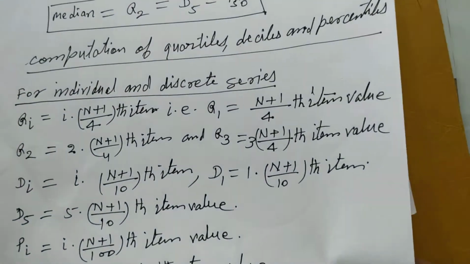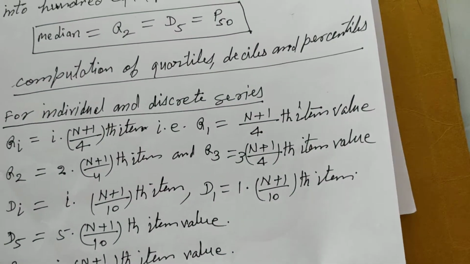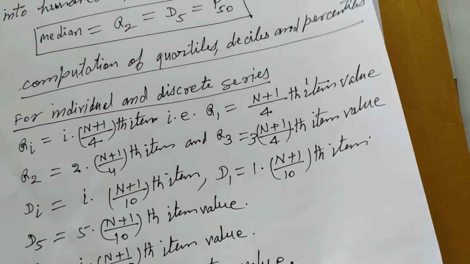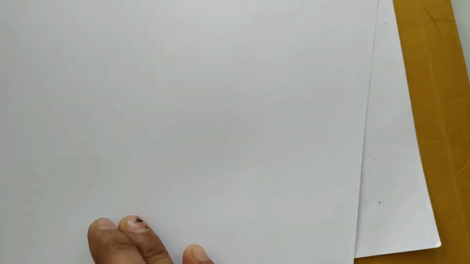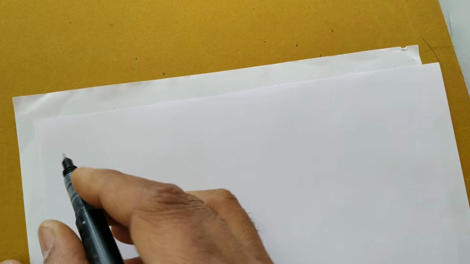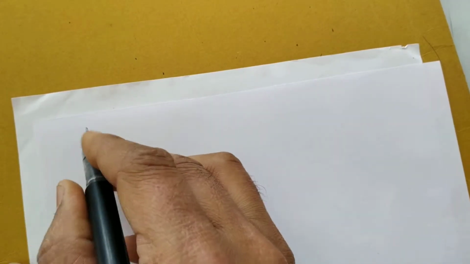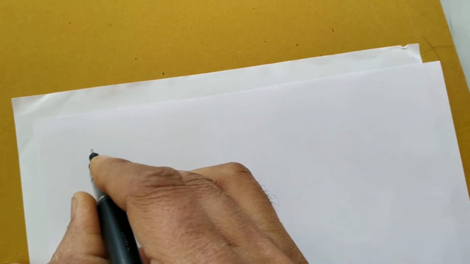So these are some important formulas used in individual series and in discrete series. In the next lecture we will discuss continuous series, how to compute median, quartile, decile, percentiles.